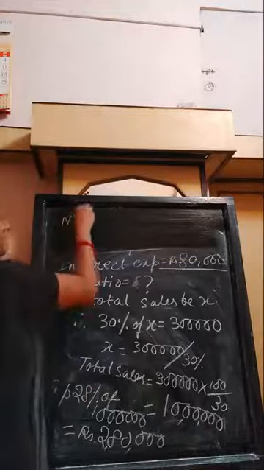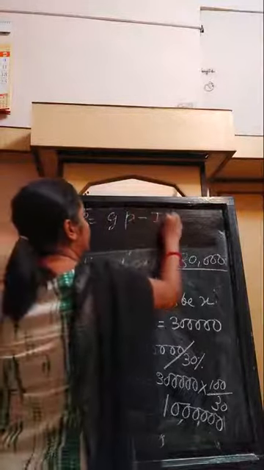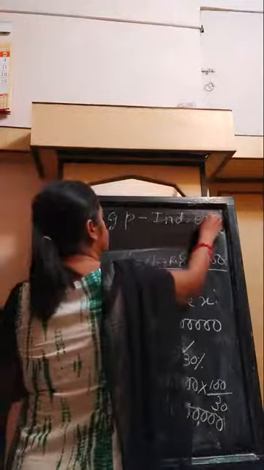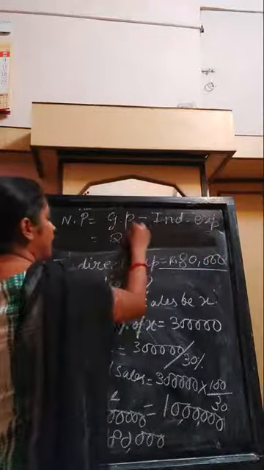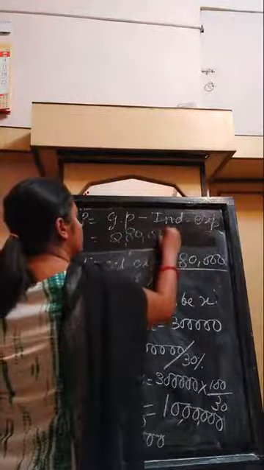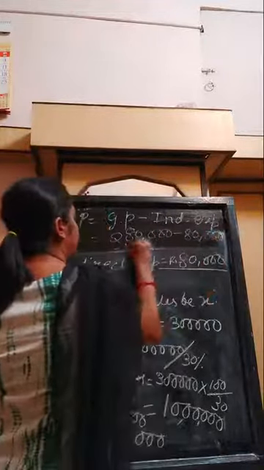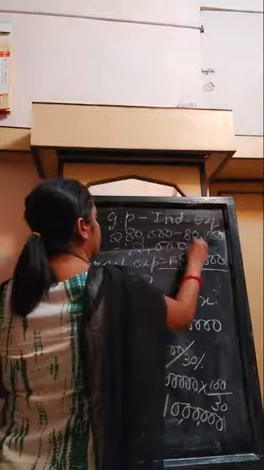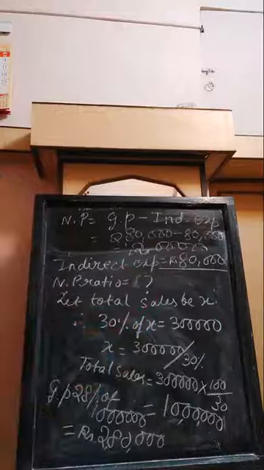So NP will be GP minus indirect expenses, that is 2,80,000 minus 80,000. So 2 lakh we are getting as the NP.